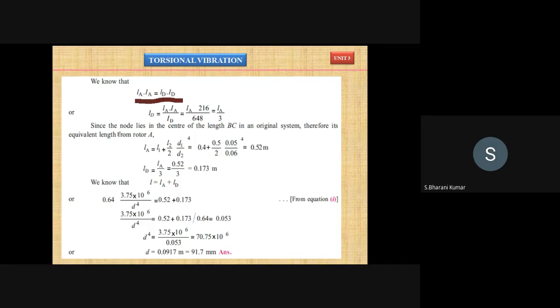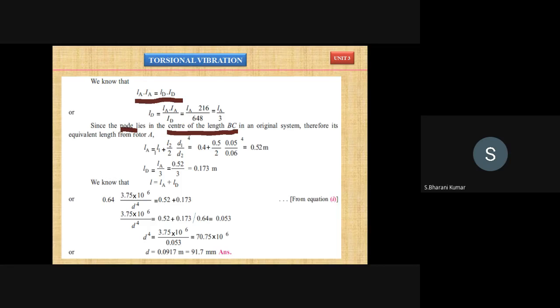Since the node lies in the center of the length BC in the original system, this was given as data. Therefore, the equivalent length of the shaft up to rotor A is LA.